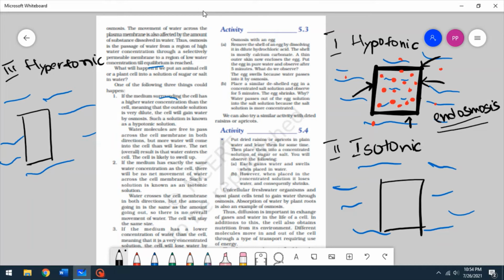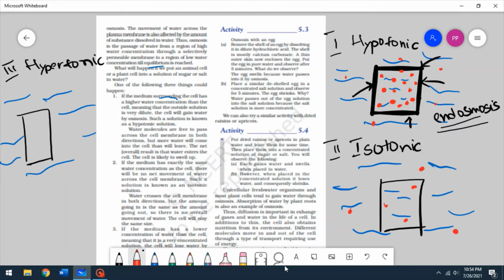And isotonic. So endosmosis is the movement of water inside the cell in the case of a hypotonic solution. An isotonic solution is a case in which there is equal concentration of solute and solvent both inside and outside the cell.